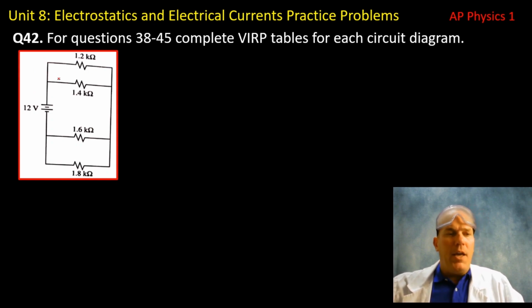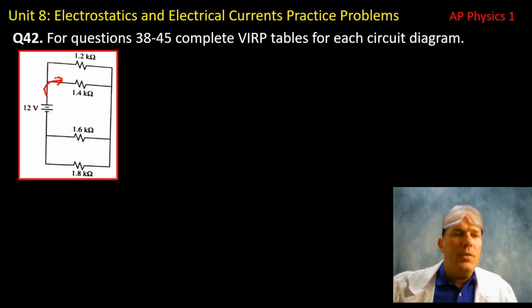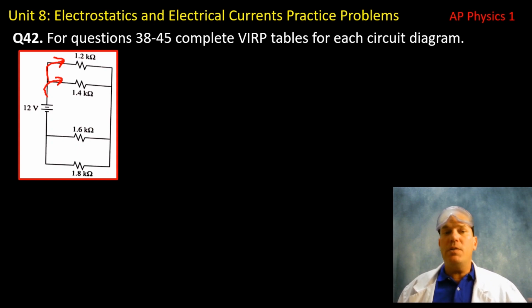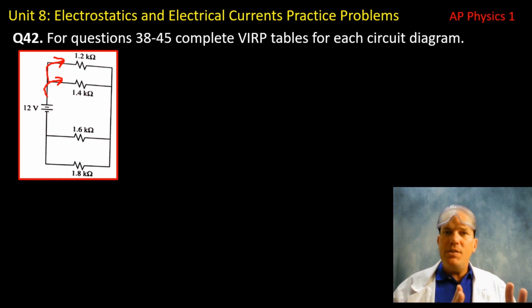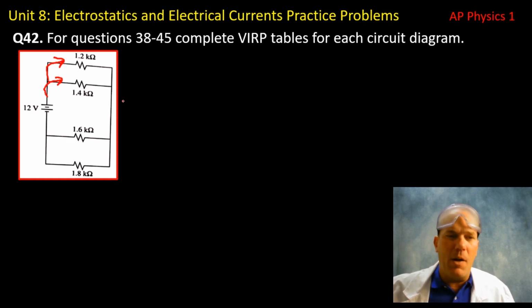All right, and it's either going to go this way or it's going to go this way. And you could predict the resistor with the higher resistance, the 1.4, will have less current than the 1.2. That's just that initial analysis before you start a problem.